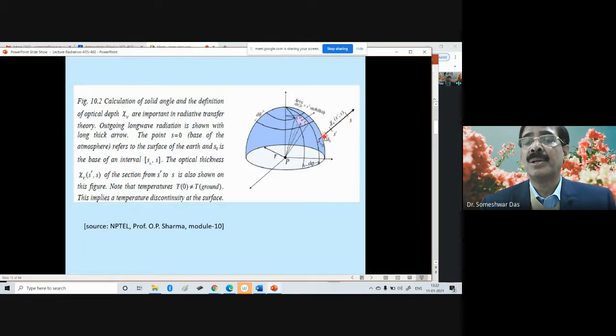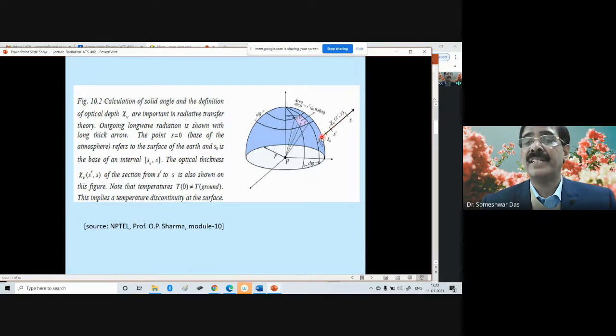At different altitudes above the Earth's surface, this is the ground level, s equals 0, then s0, s1, s2, s3, s prime, and so on. At each level or layer of the atmosphere, suppose we need to calculate the outgoing longwave radiation.